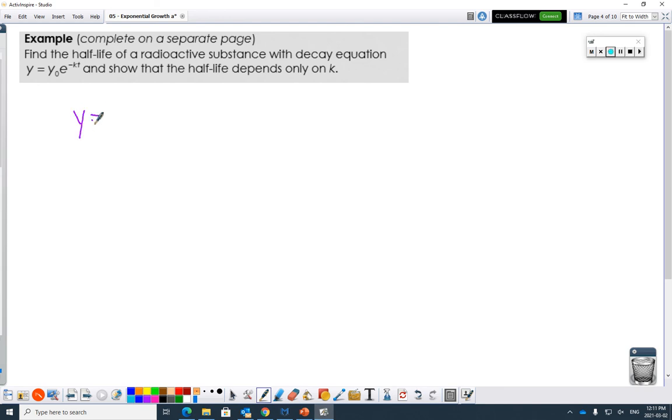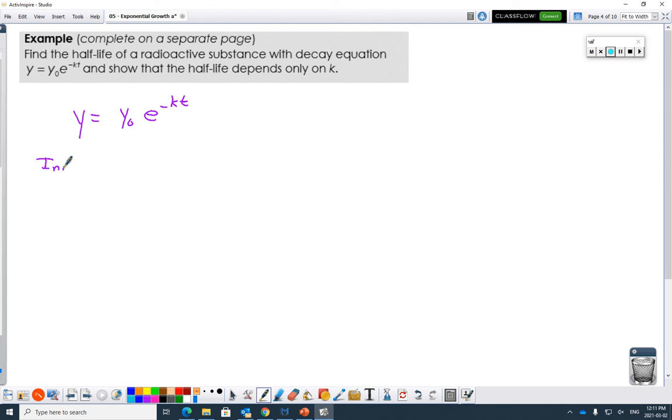Y is how much mass or how many nuclei I have left in a decaying substance, and this applies to anything that is decaying, not just radioactive substances. It says find the half-life, and doesn't give me any other information. So here's the important thing about half-life: it's how long it takes to have half of what you started with.